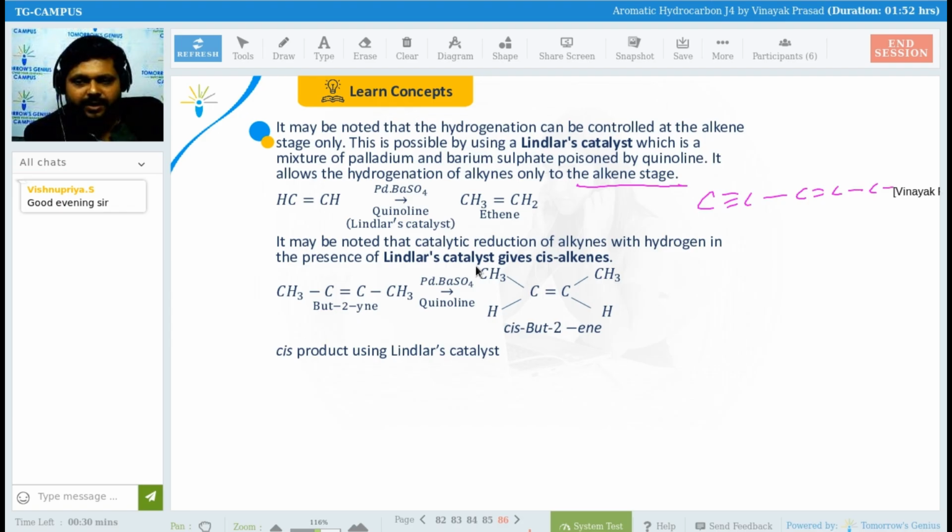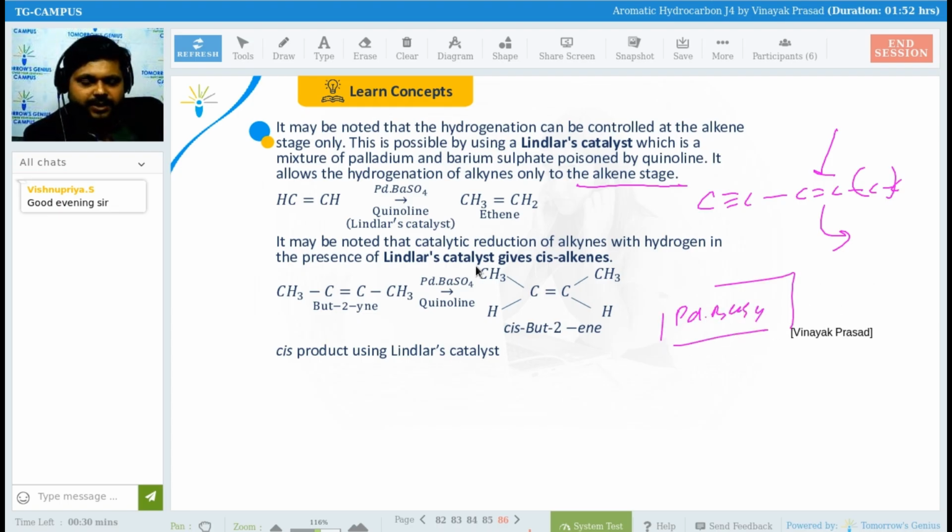Alkene, and further we can make what? Alkane. But this Lindlar's catalyst checks the reaction at this level only. This will not further proceed. This alkene will not be converted into alkane with this reagent. So Pd/BaSO4 will be used in that case to stop at the alkene level. Clear?